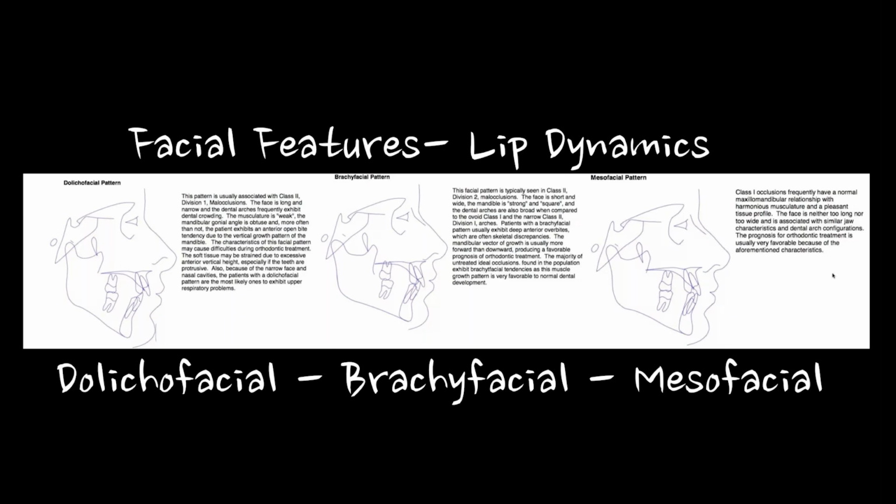Brachiofacial is someone like me where the lip covers a lot of the teeth and you don't see much of them. And then the dolio, or actually the way we call it today is VME, vertical maxillary excess, where when a person smiles, you see not only all of their teeth, but you see their gums. And these are really challenging for us because when we're looking at those faces, they're much harder for us to restore both the white and the pink parts of it.